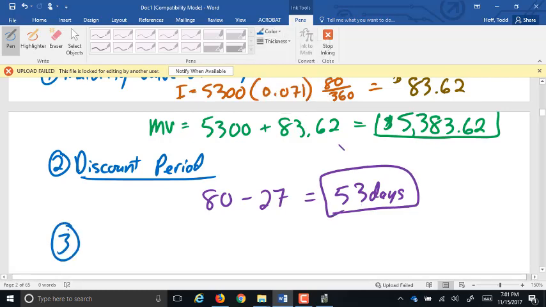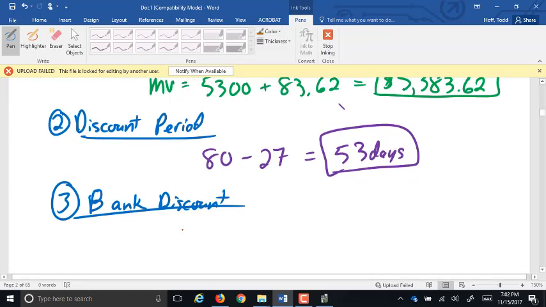And then find the bank discount by doing what? 0.094.